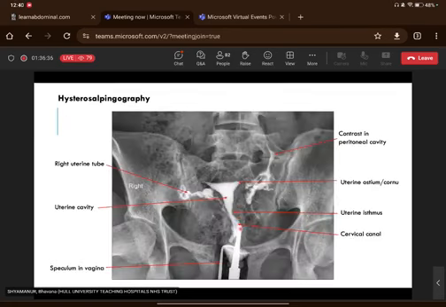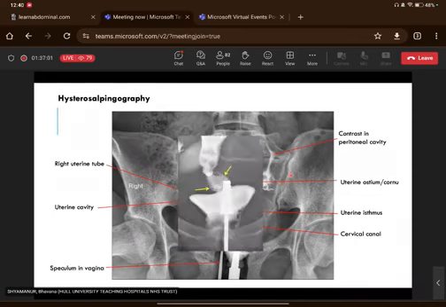So here's a normal HSG, so cervical canal, and it's a cervical canal because you can make out the narrowing from the isthmus, uterine cavity, both cornu, and then the tubes on either side, and this is contrast spill into the peritoneal cavity, which of course is normal because that is the direction the contrast will take. And just a quick note on the cervical plicae palmatae, the palm-like folds, that they can be seen quite well on HSG as well.